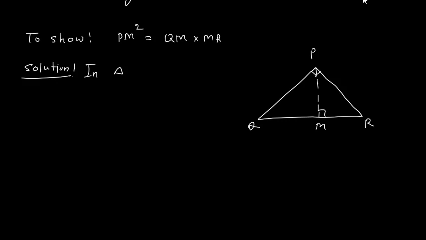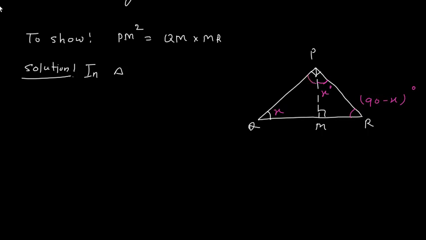Let this angle be x degree, then angle P is 90 degree, so angle R will become 90 minus x degree. This angle here becomes x degree, and this angle here will be 90 minus x.